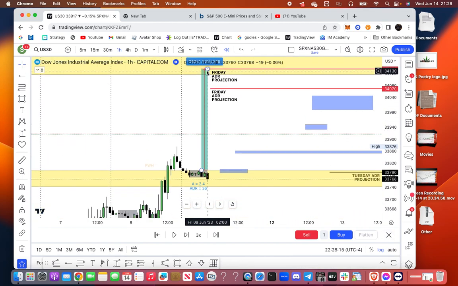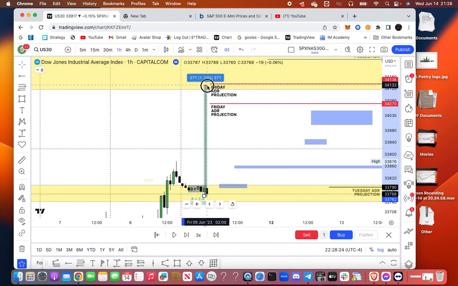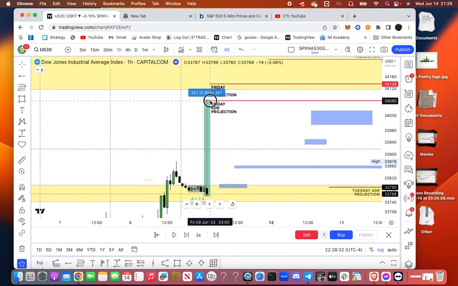That's from the top. But if you were going from this bottom, from this low, you've got to go minus 34, so that's about 32. So around about there, that's your projection.